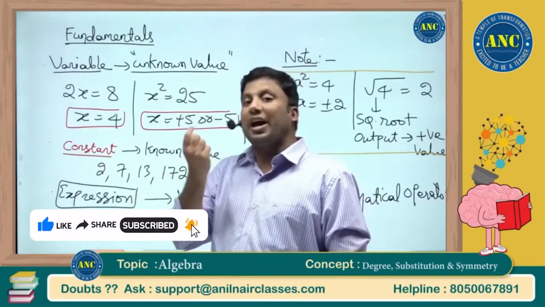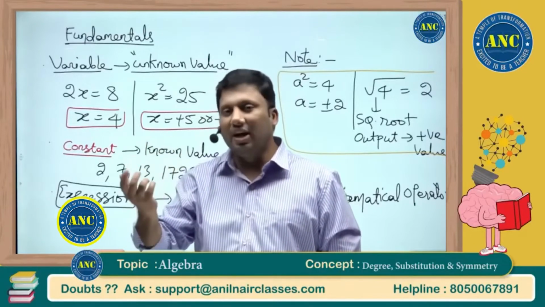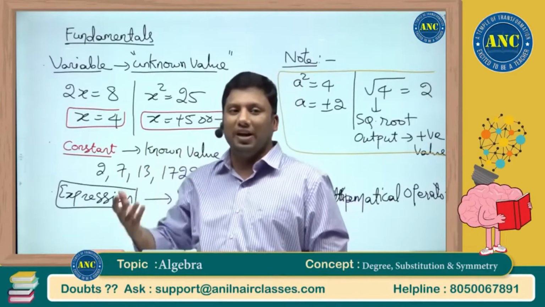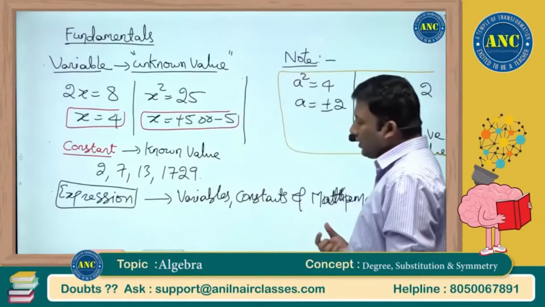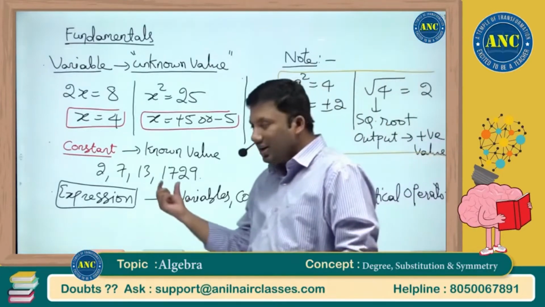There are people who express what is in their mind using Hindi or English or Tamil. It is a language which they use to convey a message. So expression is a way of communicating. If I express using variables, constants, and mathematical operators, then it is called an expression.